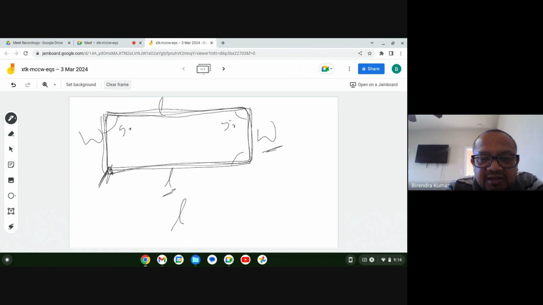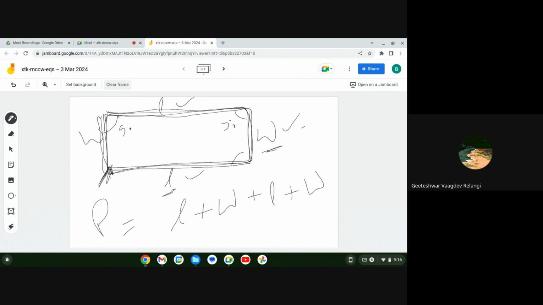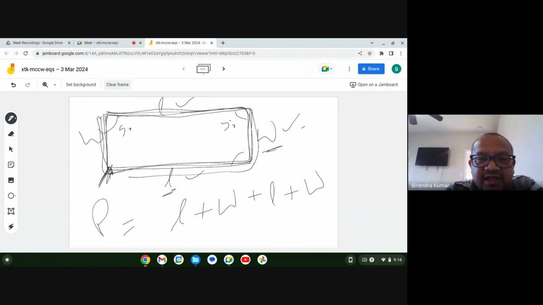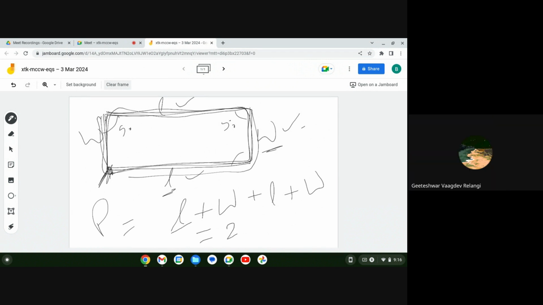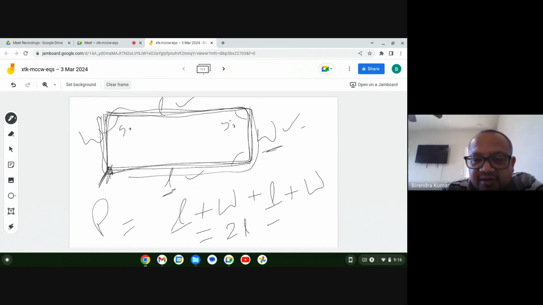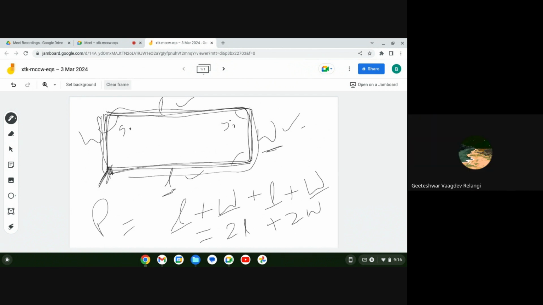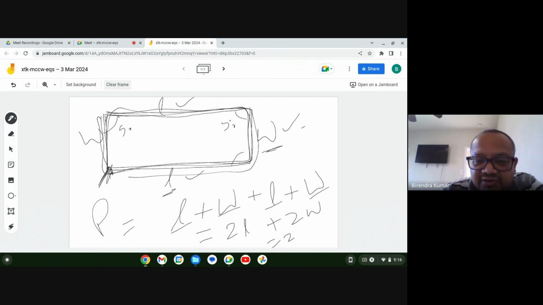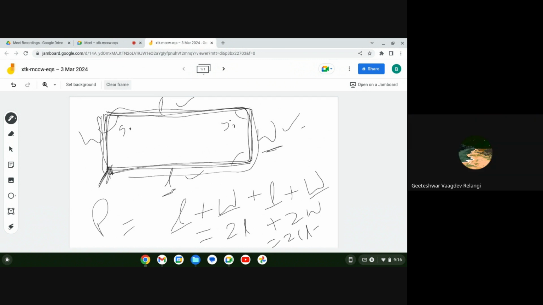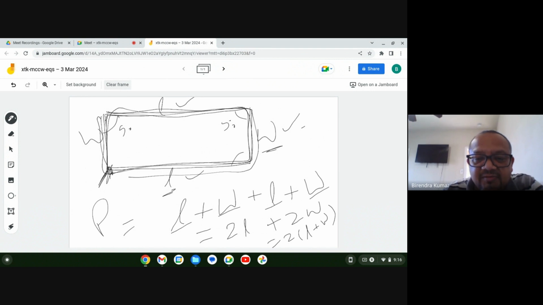So total perimeter is length, width, length, width. Or you can say, I see two lengths, so two times length, plus I see two widths, so two times width. I can simplify it by taking two common: 2 times (length plus width). This is the formula for the perimeter.